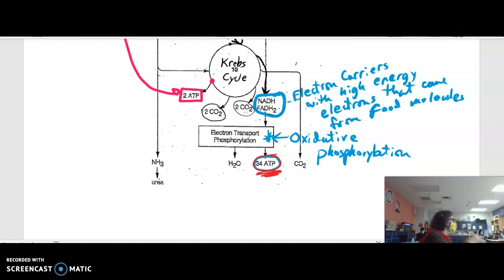Do you just ferment them so you can keep those 2 ATPs going? Or do you figure out how to handle oxygen in an efficient way that gives you a way of phosphorylating a lot more ATP per glucose, right? So one glucose molecule using this full thing with the mitochondria in place and oxygen as a final electron acceptor can give you 36 to 38 ATP per glucose.